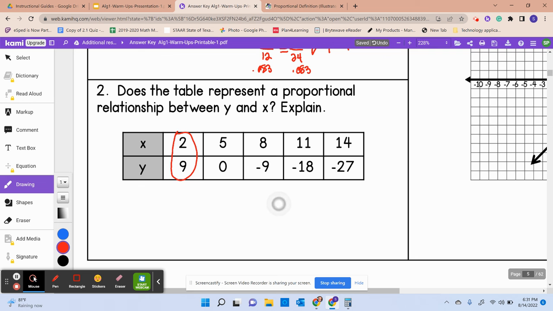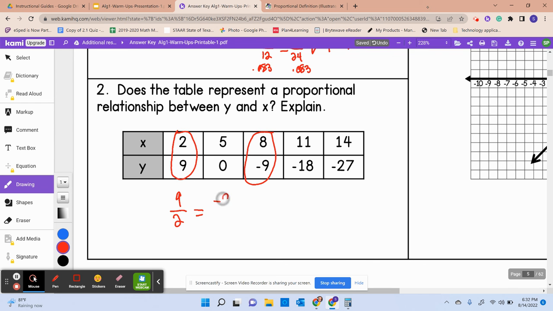I always like to put y over x, so 9 over 2. And then I'm going to use one without a 0 in it. I'm going to use this one. Is that equal to, remember, y over x, negative 9 over 8, not x.